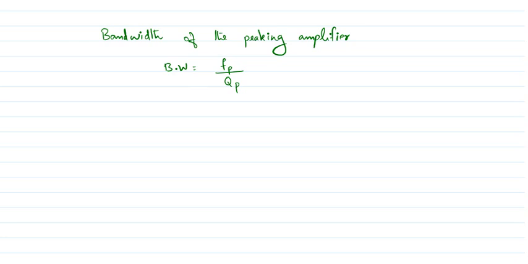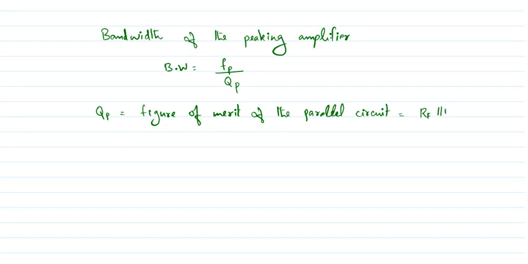Qp is the figure of merit of the parallel circuit, which we can obtain by R parallel Rp divided by XL.